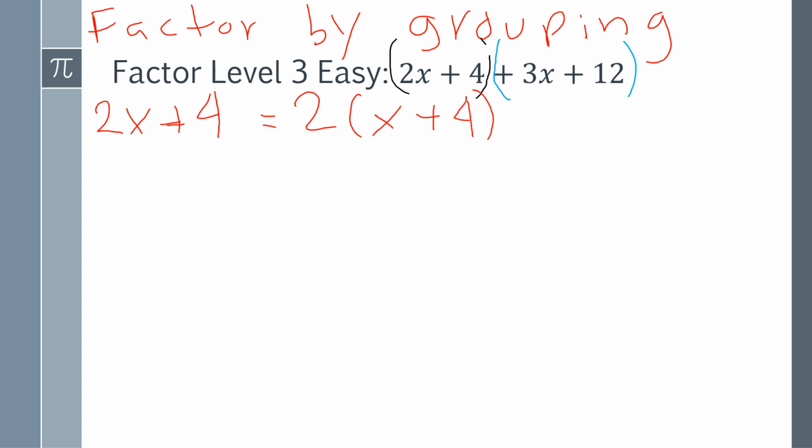All right? So let's do the other group. The other group is 3x plus 12. What is the greatest common factor of this? 3 and x plus 4.